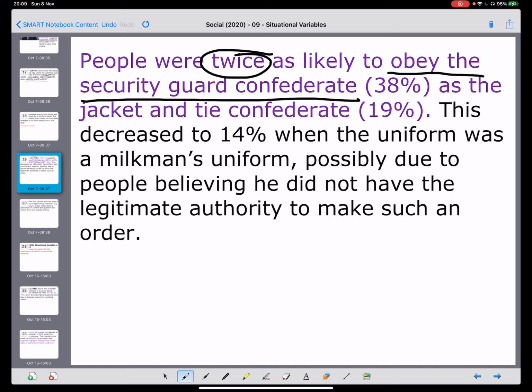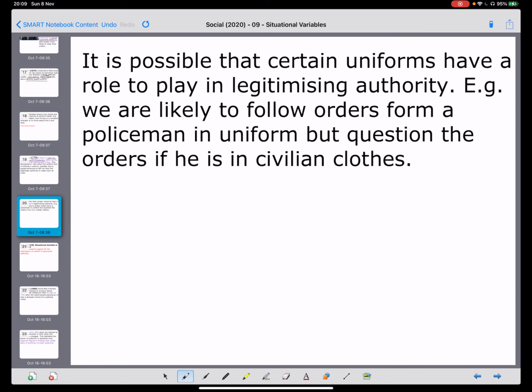It's not just any uniform, it's the policeman's uniform or the guard uniform that becomes important here. So people do believe that people in police uniforms certainly have some form of legitimate authority. It's why we would stop if a police officer in uniform asks us to stop.